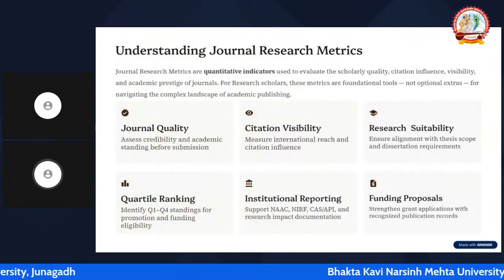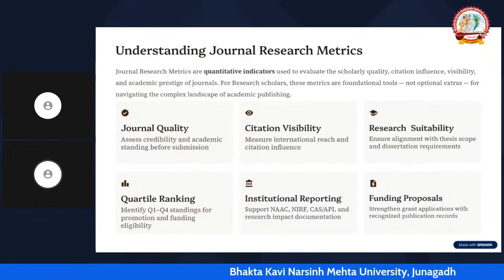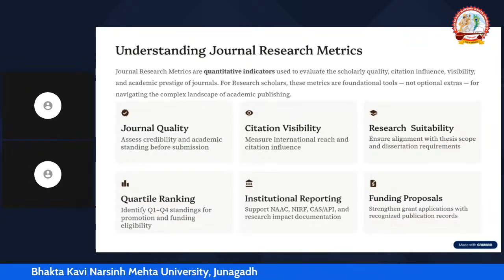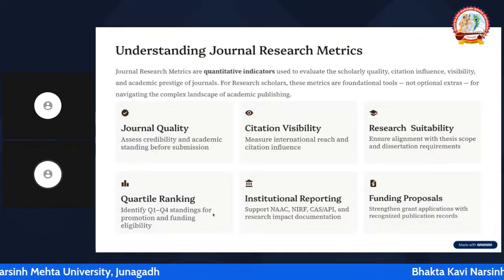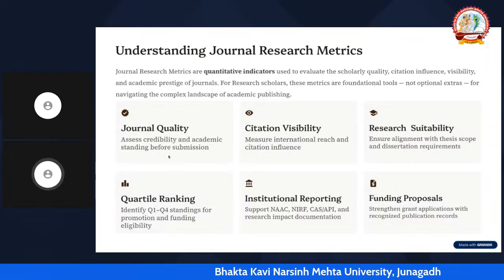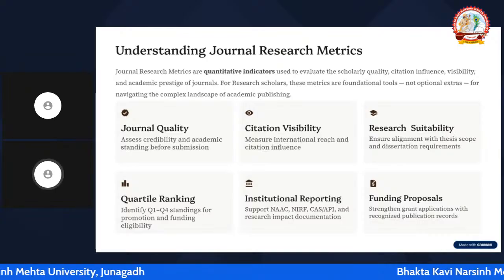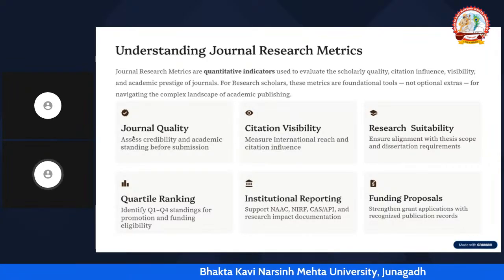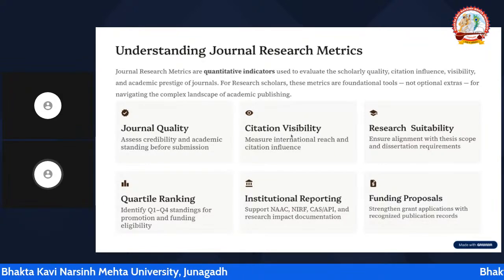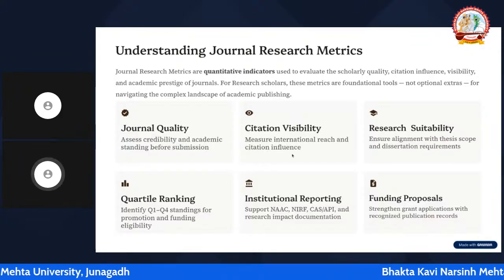So you can identify the research matrix and use it to visualize and get clarity about journal quality. If the journal has major citations and a great impact factor, then obviously you can approach this journal. So with the research matrix, you can identify the journal quality, citations, visibility, and research suitability.